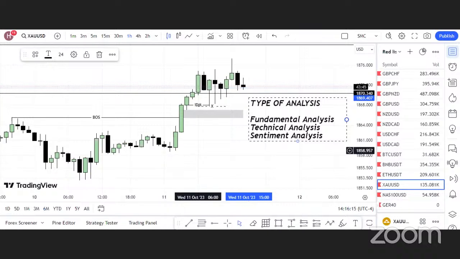Before you can actually become a proficient forex trader, you need to know how to make your fundamental analysis. This is simply you looking out for an economic calendar or economic news.